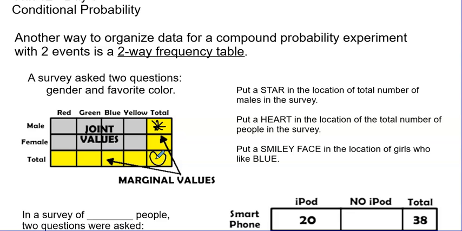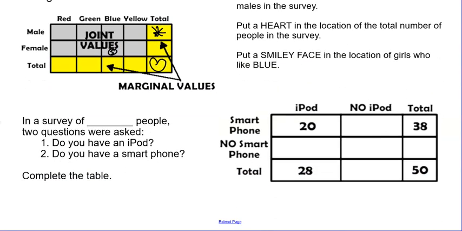Put a smiley face in the location of girls who like blue. So female who like blue. And that's right here, kind of hard to hit. That's my smiley face. Female who like blue. That's how it works.